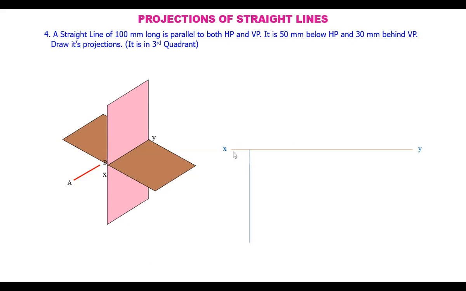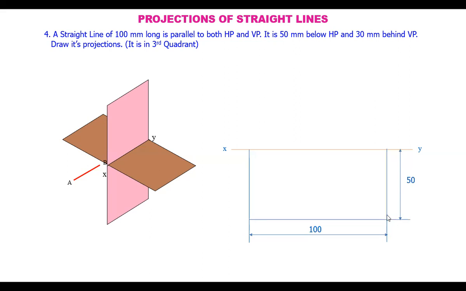Now let us draw the front view. Mark a distance of 50 mm below HP. This is a horizontal plane, you can call it the XY line in the front view. So from here mark a 50 mm distance. We have drawn projectors at a distance of 100 mm long. Now we mark 50 mm distance from the reference line.